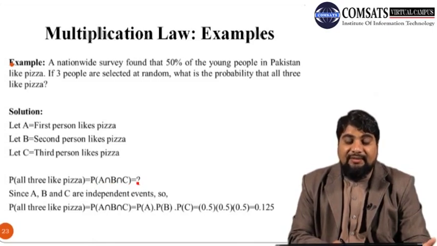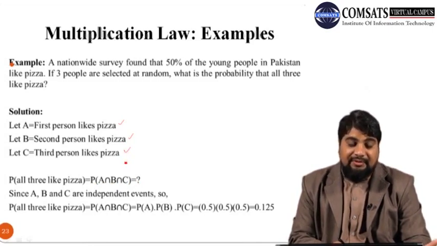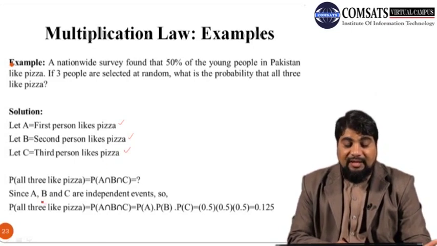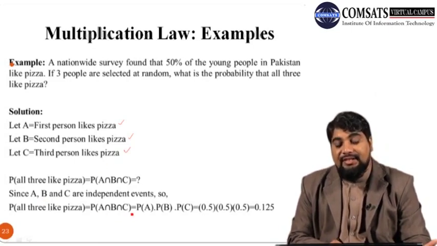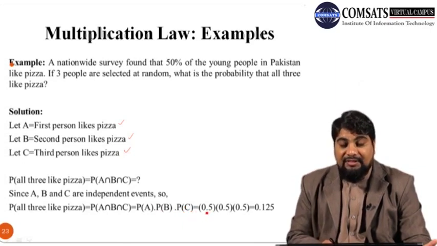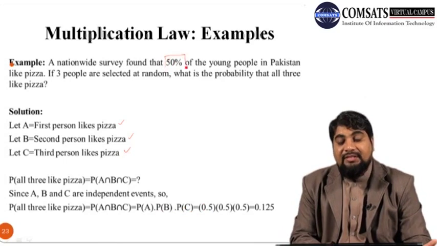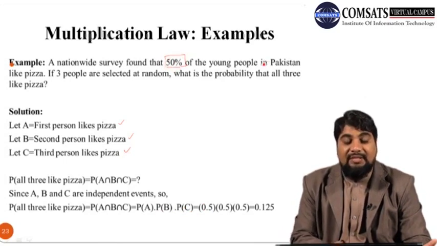Since all 3 persons A, B and C are independent events, A intersection B intersection C is equal to the product of the individual probabilities: P of A, P of B and P of C. From this survey we know that 50% of the young people like pizza.